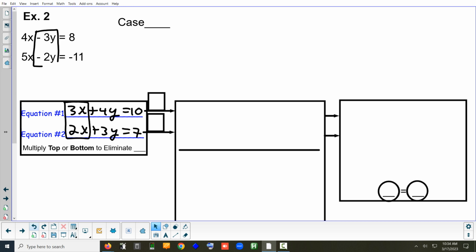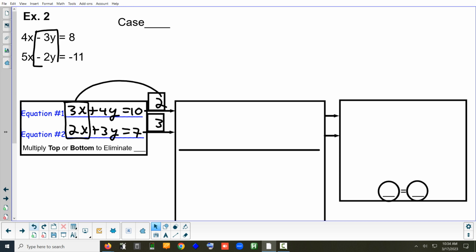Don't worry if it's positive or negative yet. Something with a 2. So the top equation gets multiplied by something with a 2. And the bottom equation gets multiplied by something with a 3. Let's just try that and see if that would work.